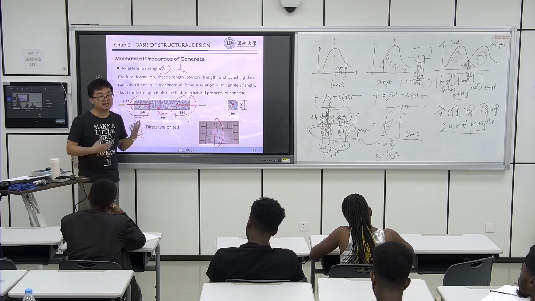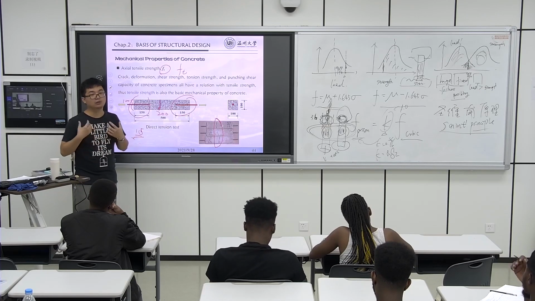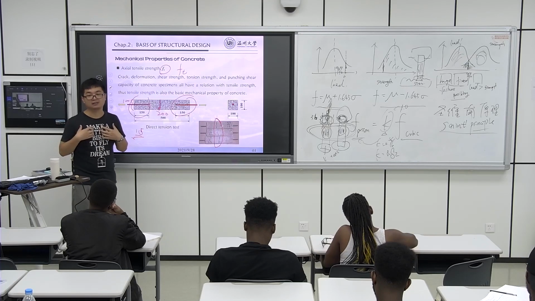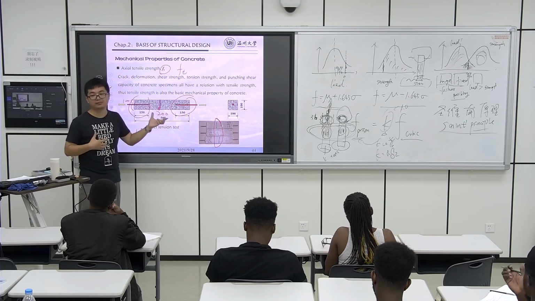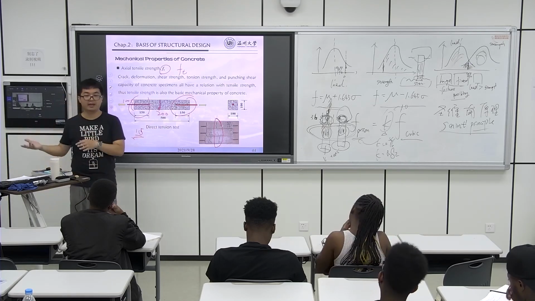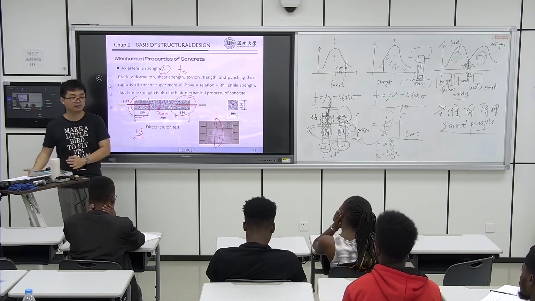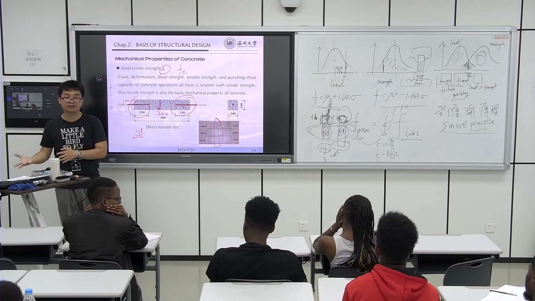But sometimes you should remember there's no condition for us to build this specimen. So we need to choose another way to compare, to know the concrete tensile strength here.